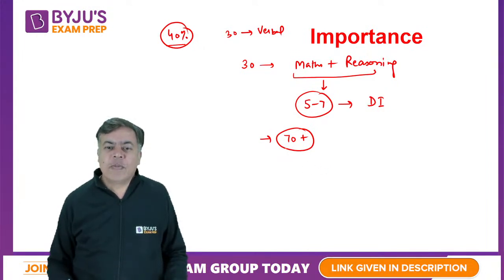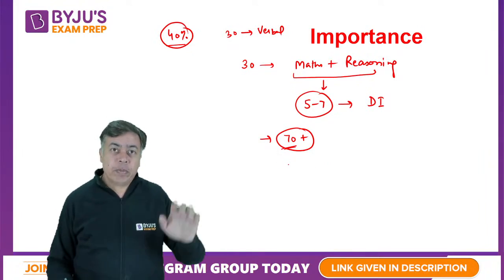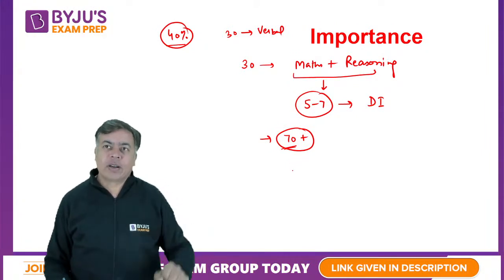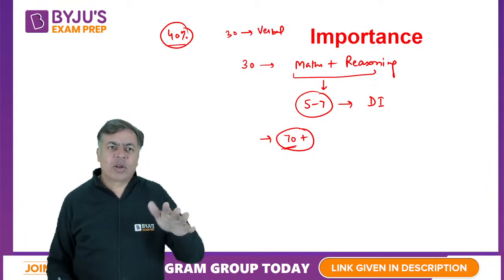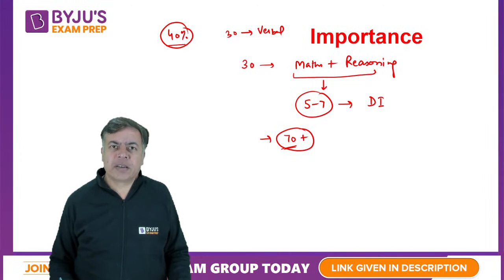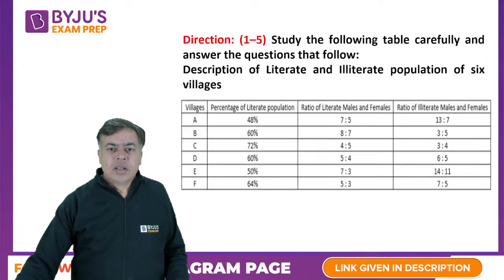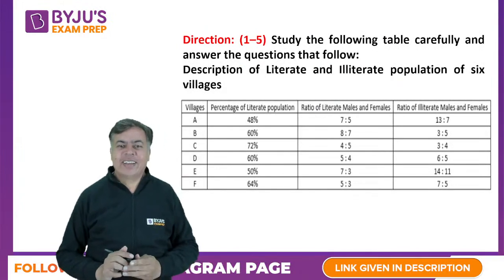So the cutoff will be something close to 70 plus. It may go as high as 80 also if the exam is easy. But close to 70 you can expect. So DI is very important here. The questions will be easy, but you still need to answer them right.